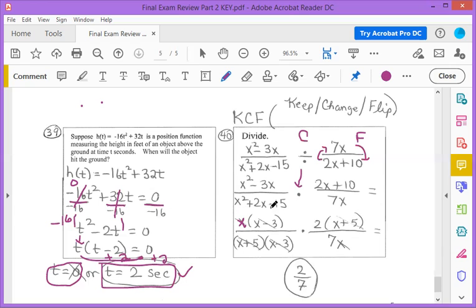In the denominator, we have x squared plus 2x minus 15, which we factor using x plus 5 and x minus 3. The 7x stays in the denominator on the right. Now we want to cancel the terms that are alike. All right, and that leaves x times, well, the x cancels. So that leaves 2 in the numerator, 7 in the denominator. This is our answer.